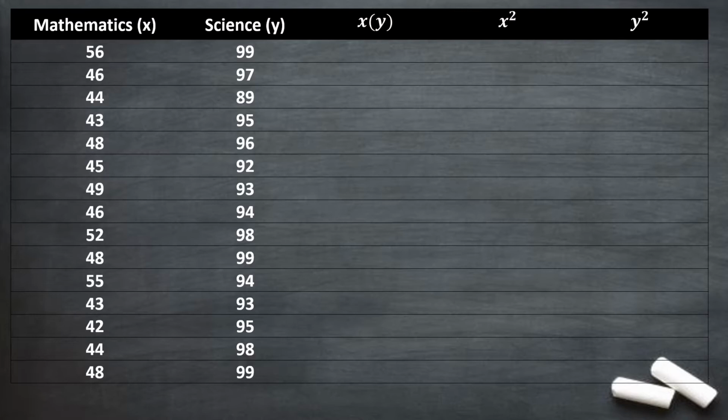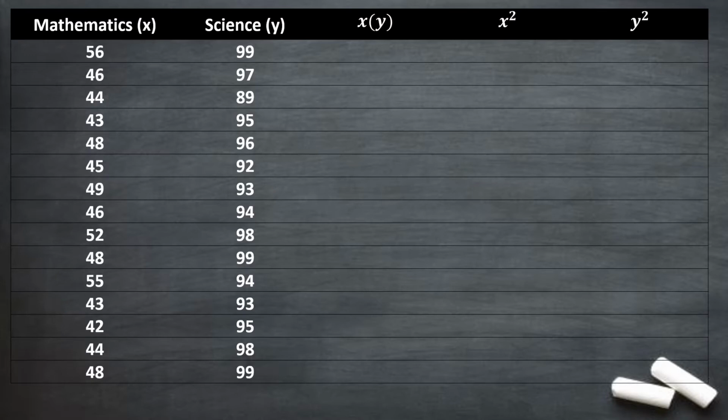After that, we have to get the summation for each column. For the column of x multiplied by y, all you have to do is multiply the numerical values in the x column by the numerical values in the y column.